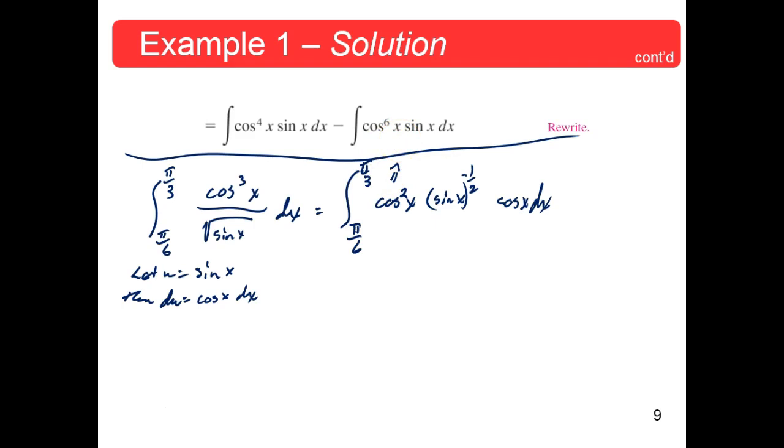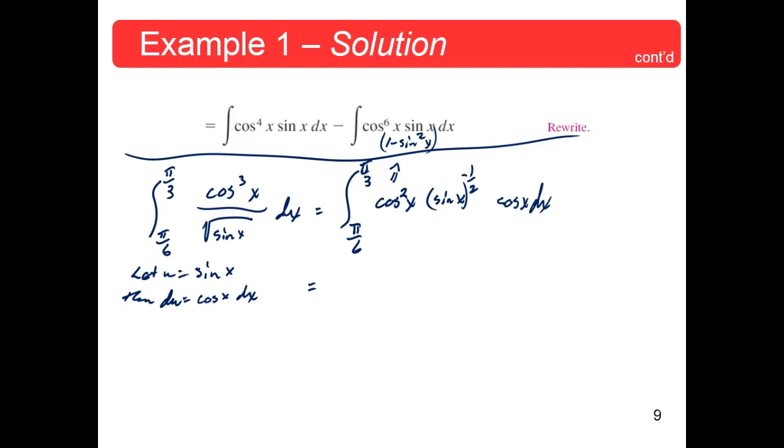So what would that be? 1 minus sine squared x, right? That's what cosine squared is. All right. So now I think I can go on and put the u's in here.